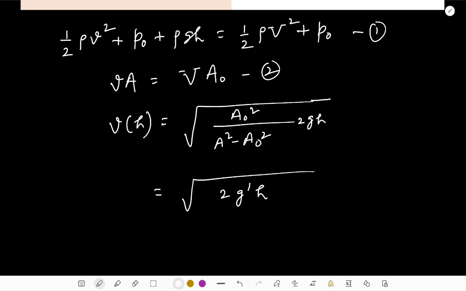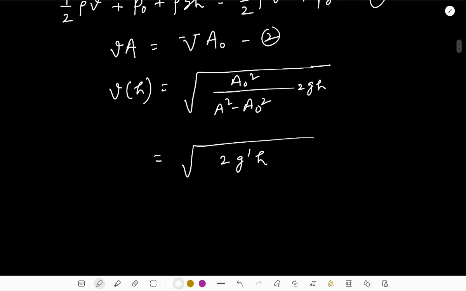This g dash you can write here as A naught divided by under root A square minus A naught square, multiplied by g. And it seems like the liquid is traveling in an artificially created gravitational field.